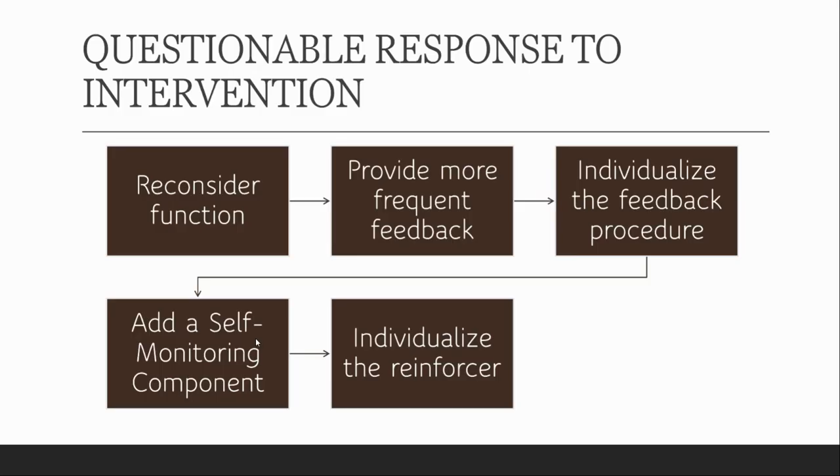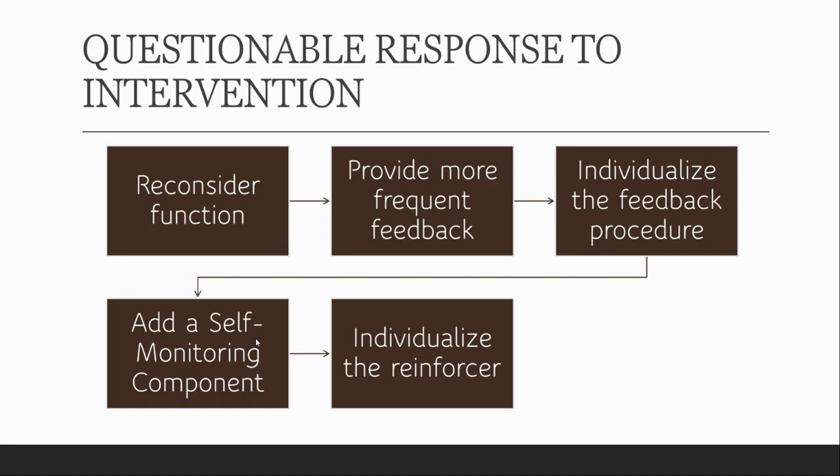So, if that team is satisfied that the intervention has been implemented with fidelity, then the team may decide to modify or intensify the intervention. Techniques to modify or intensify will be discussed within each intervention, but some general rules can be applied. The first thing they want to do is reconsider the intervention.